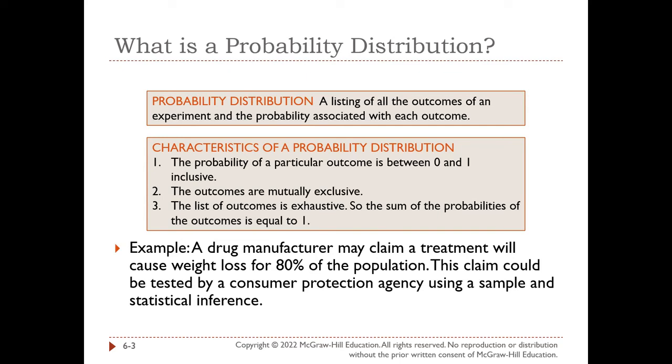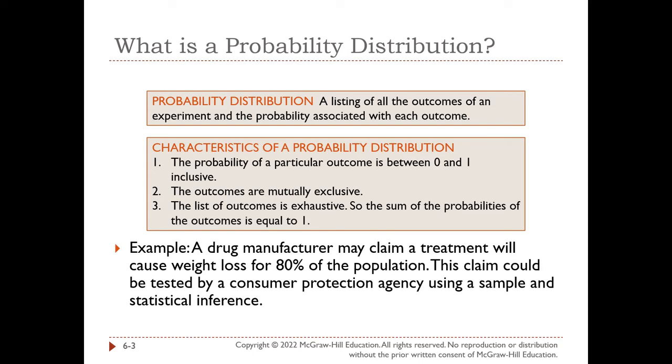Our characteristics of a probability distribution are that the probability of a particular outcome is between 0 and 1, inclusively. The outcomes are mutually exclusive, and the list of outcomes is exhaustive, so the sum of the probabilities of the outcomes is equal to 1.